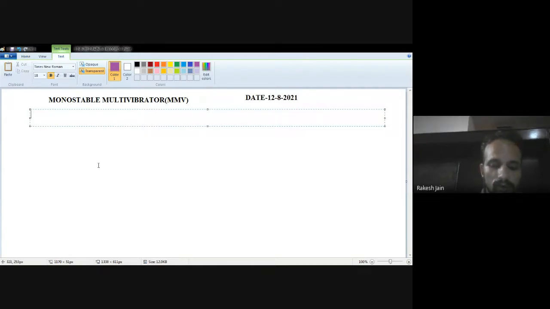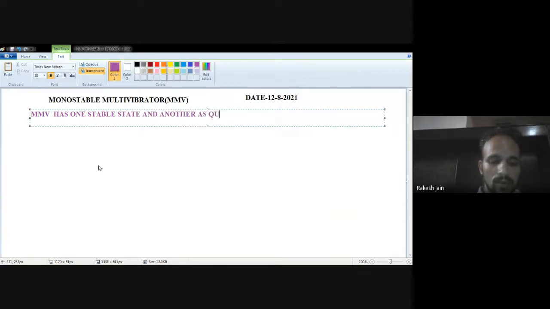Yes, in case of monostable multivibrator, so MMB I just write, MMB has one stable state and another as quasi-stable state.